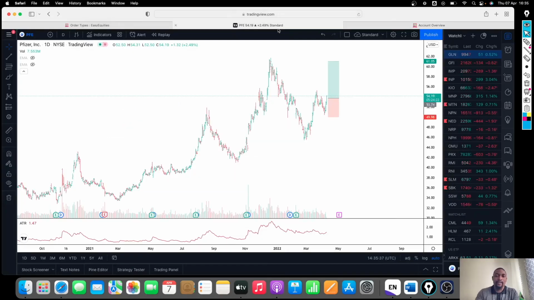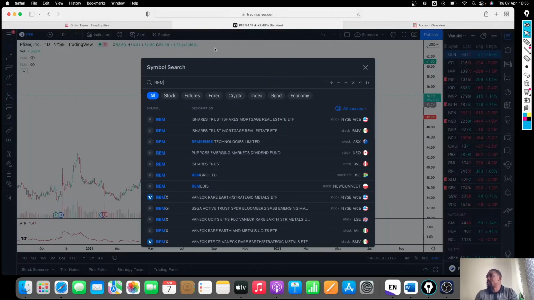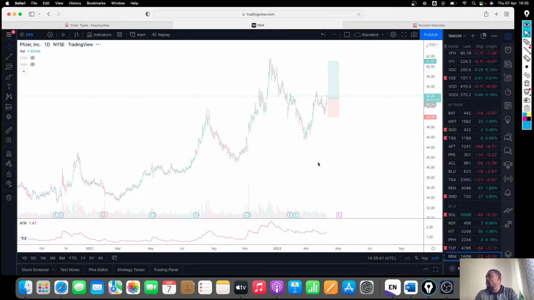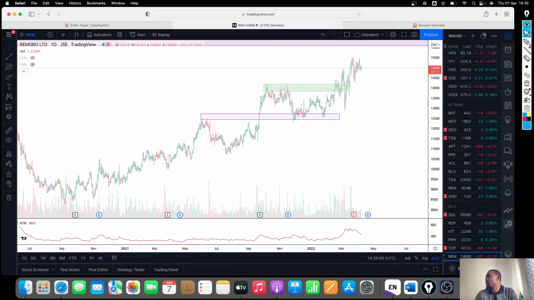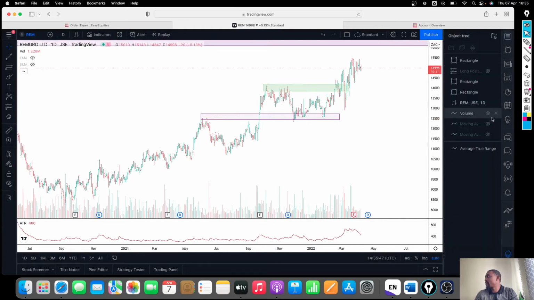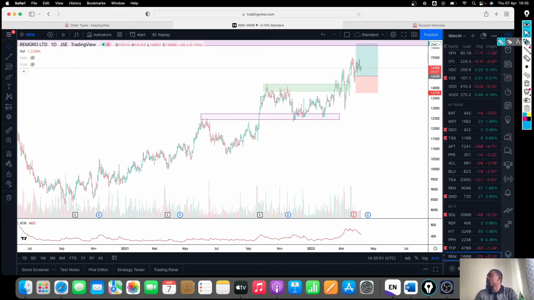So let's see why I have this stop loss there on Remgro. Okay, so I have a position. Let me see if I can get the position to show. So yes, as you can see, I have a position on Remgro. I bought that position somewhere around 145.